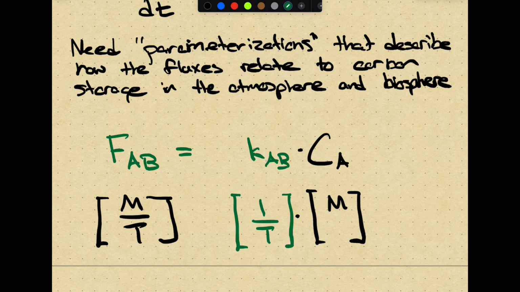If this is like 0.04, I can say that usually every year about 4% of the atmospheric concentration is going to go into photosynthesis. So we can intuit a lot about our systems just by knowing the units of the system.